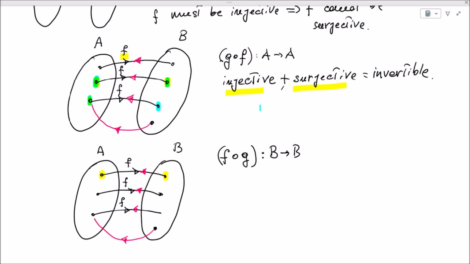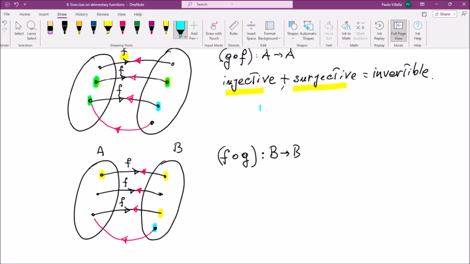So apparently this seems to be a function that might be injective, but let's check what happens, for example, for this element and this other element, because g is defined on both of these elements.